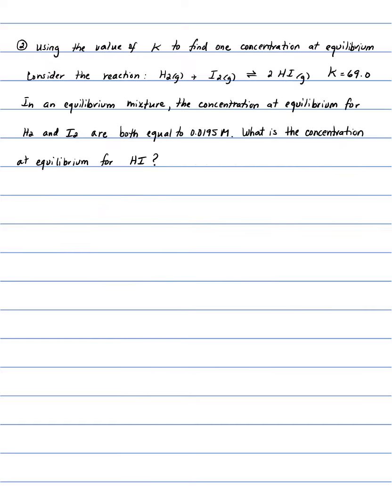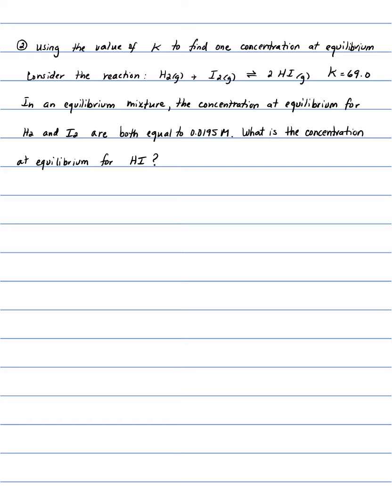For the second type of calculation that we have, you're going to be given the value of the equilibrium constant. So you actually have a numerical value, and you're also going to have some of the concentrations at equilibrium, and you're using that to find out a missing concentration. So let's check the problem. You have your reaction.